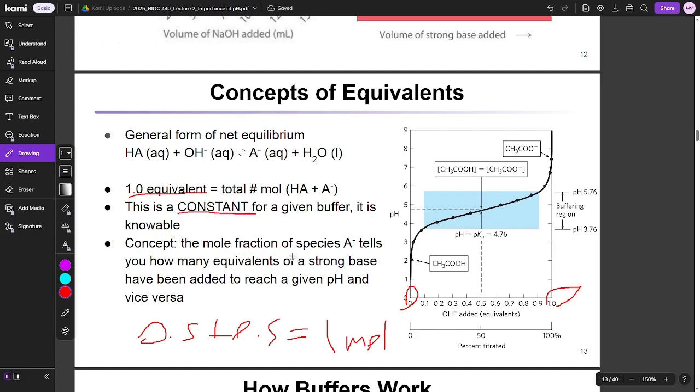And the mole fraction tells you how many equivalents of a strong base have been added to reach a given pH and vice versa. So if you look at this value here, 0.10 to 1.0, it basically tells you how much base has been added to reach the given pH that you're looking at.